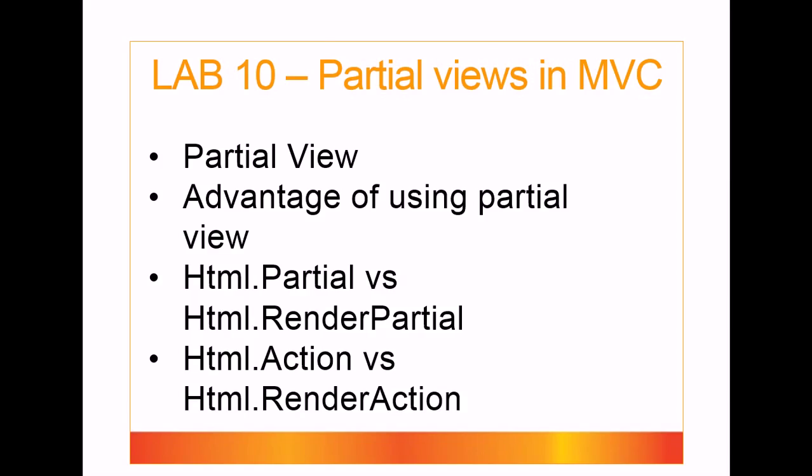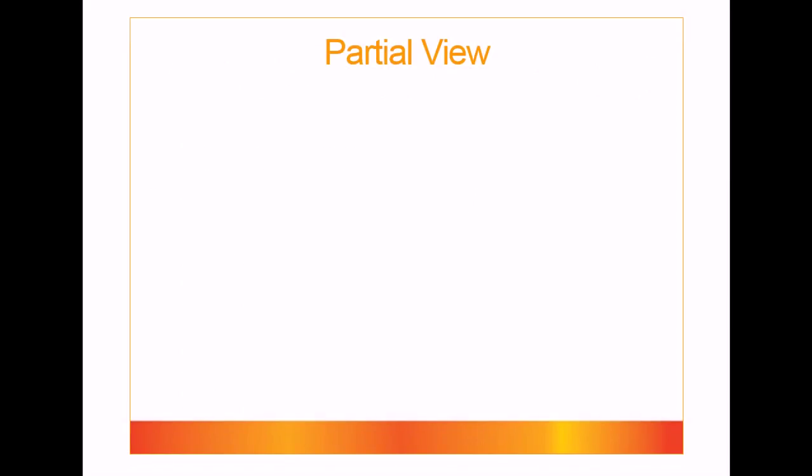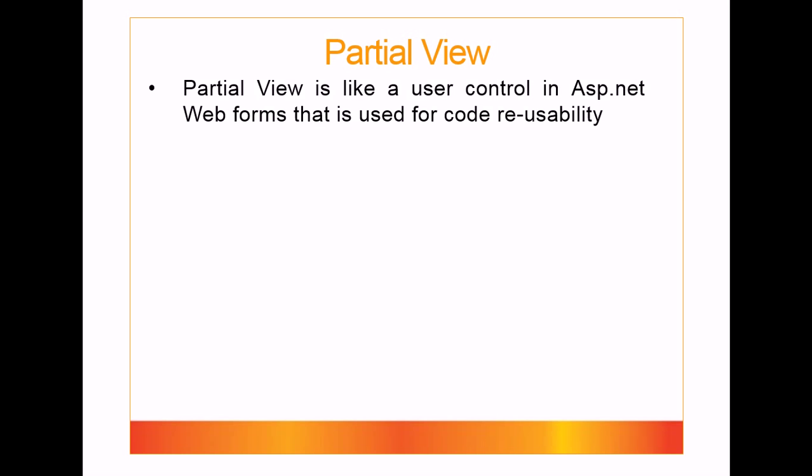Okay, so let's begin with what a partial view is. A partial view is nothing but like a user control page which is present in web forms. This partial view is mainly used for code reusability, and it also helps us apply the DRY principle, which is nothing but Don't Repeat Yourself. So we can remove the redundant code by creating a partial view, and we can render this partial view wherever required.